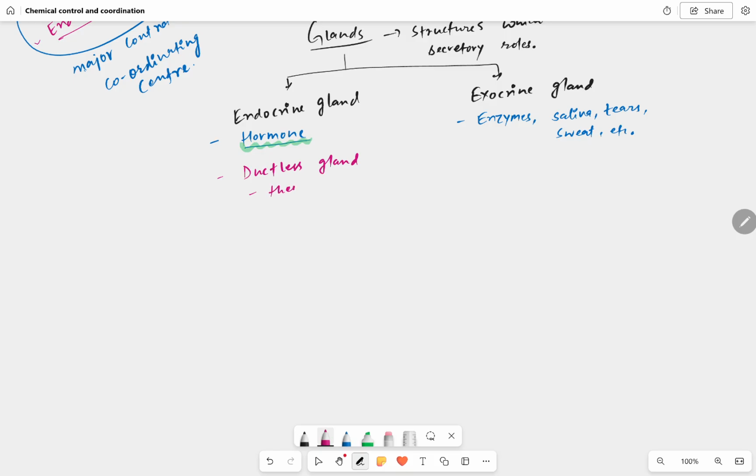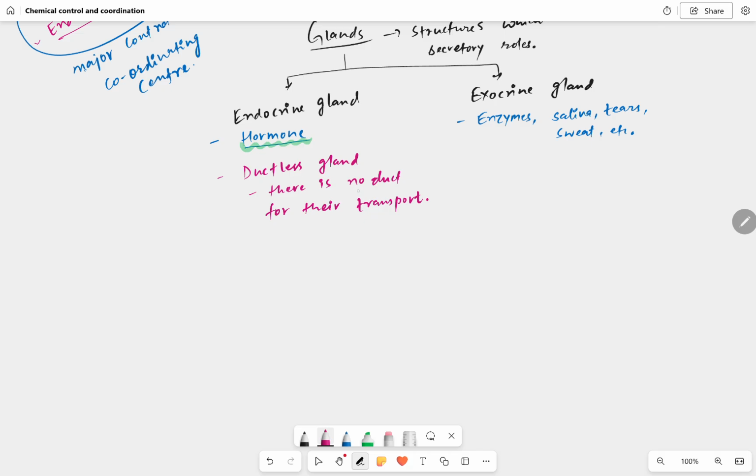There is no duct for their transport. So the endocrine gland secretes hormone, and it lacks a duct.